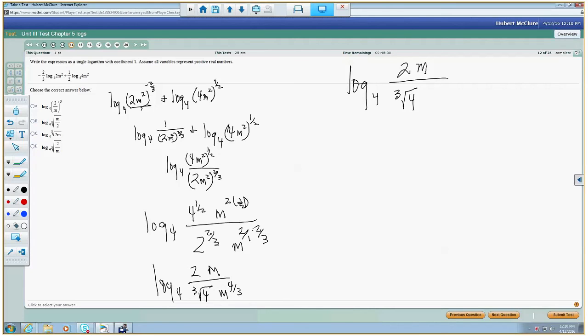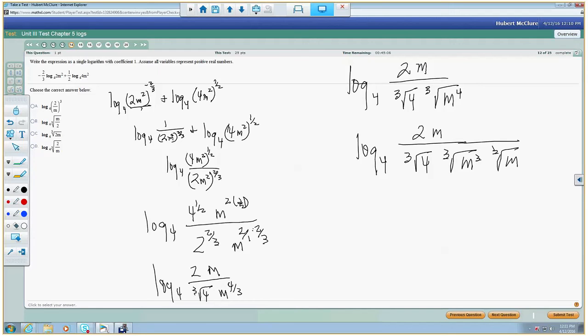Index, so that's the cube root of m to the 4th. Cube root of 4, cube root of m to the 3rd, cube root of m.